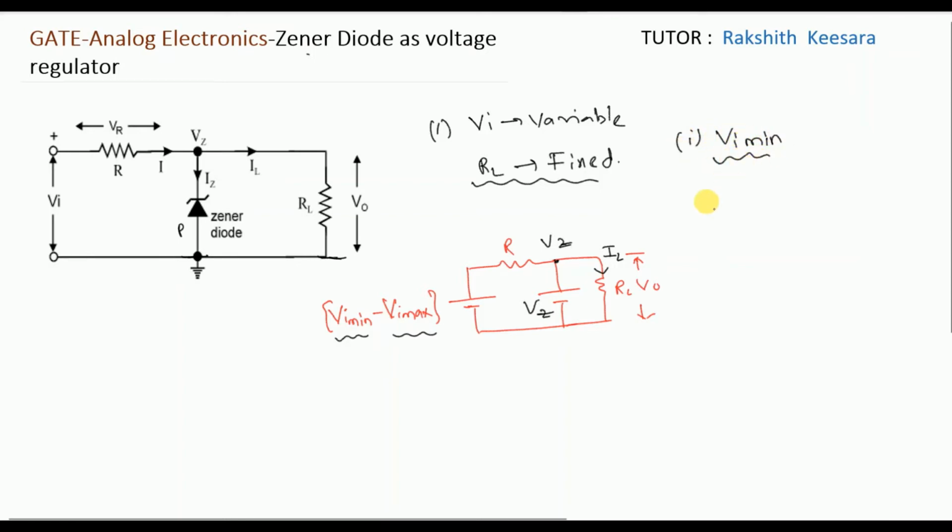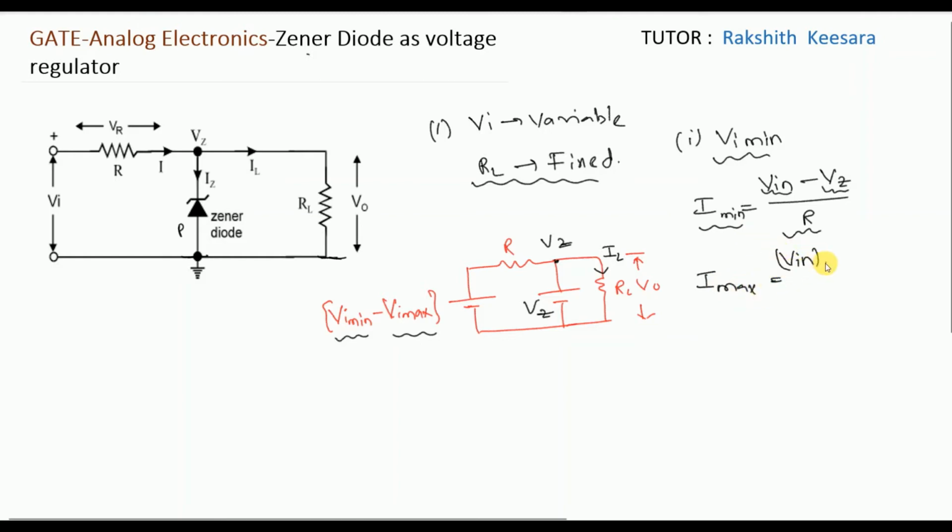First case, I am considering V input minimum. If V input is minimum, what is the value of I? I is V input minus Vz by R. If you observe here guys, R is constant and Vz is also constant. If V input is minimum, I will be minimum, right? And what is I maximum equal to?